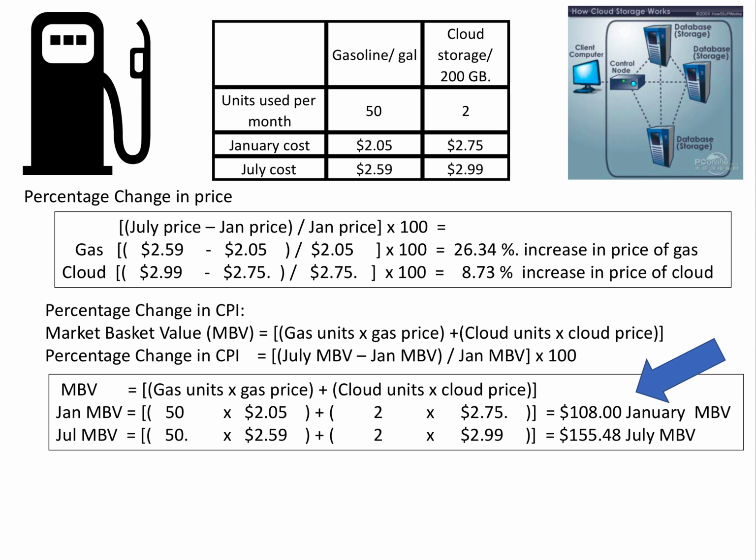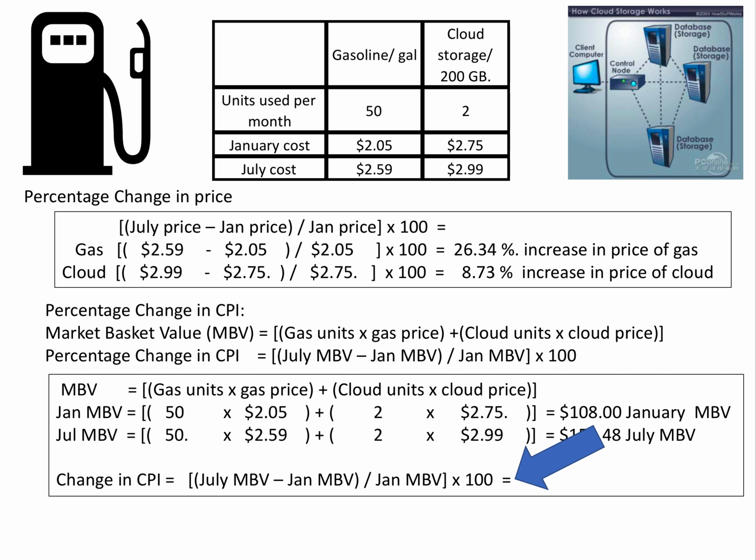We do the calculation, and we find that the January market basket value was $108, and the July market basket value was $155.48. Okay? So we go one more step, and now we have to compute that change in the Consumer Price Index of this two-product economy, a very small economy.